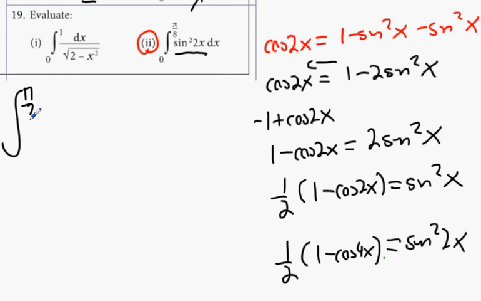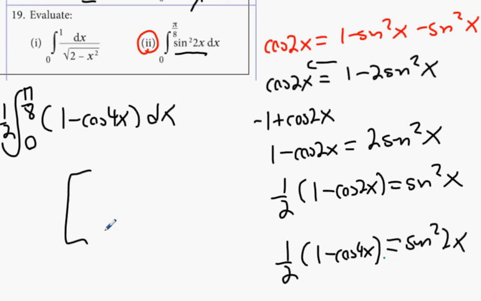Going to substitute that in. My pi over 8, my 0, I'm going to put the half, it's going to be a half, 1 minus cos 4x. I'm just going to shift the half to the outside. A half bracket 1 minus cos 4x dx. Okay guys, what happens when you integrate cos x? What does it turn into?